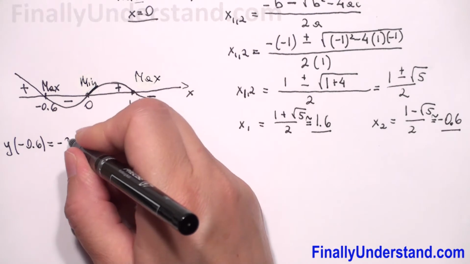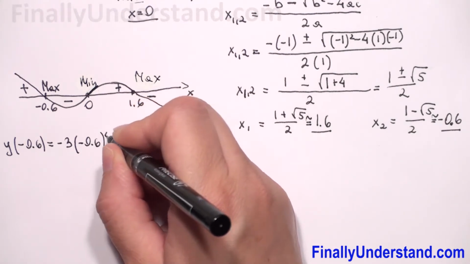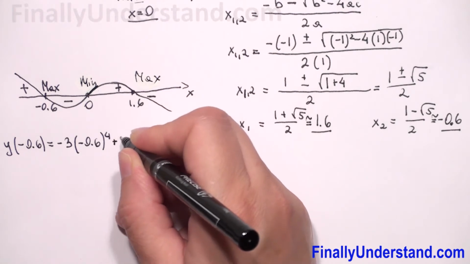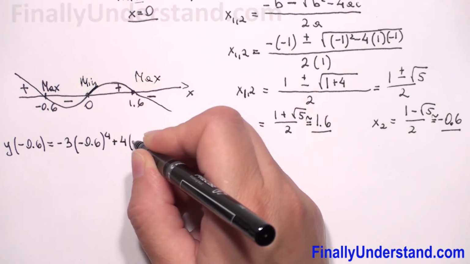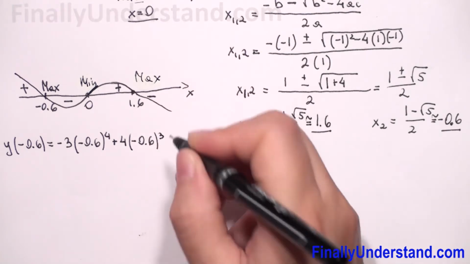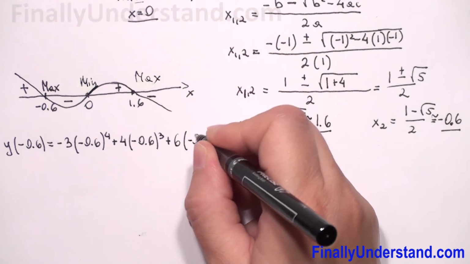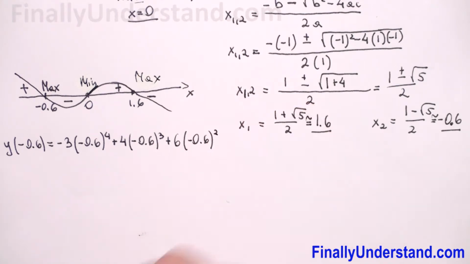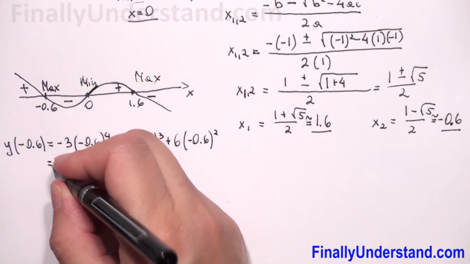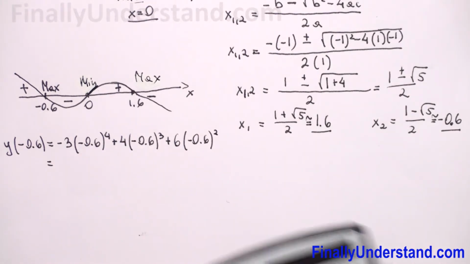So we have negative 3 times negative 0.6 to the 4th power plus 4 times negative 0.6 to the 3rd power plus 6 times negative 0.6 to the 2nd power. This is equal to... We will use a calculator.